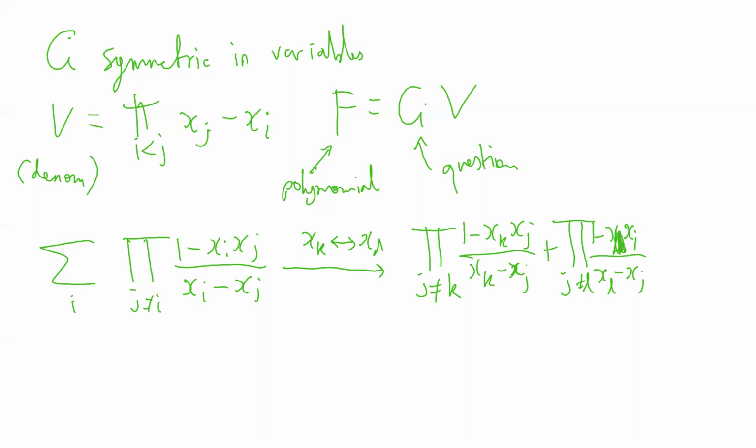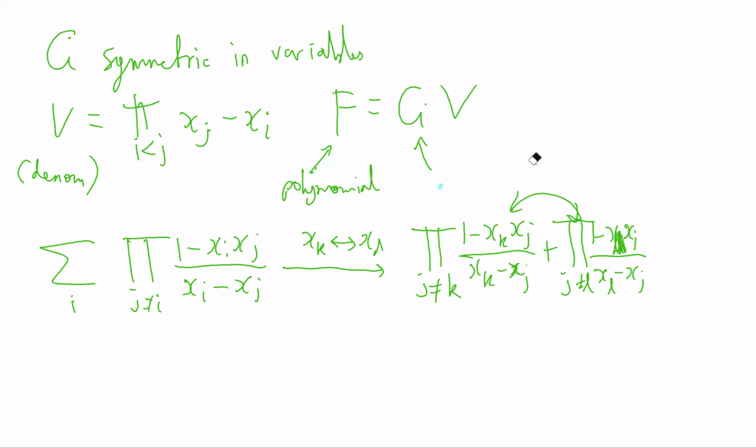Well, if you swap them, I guess you're just swapping these two terms, right? Not quite. Because you're getting something a little bit different, okay? It's not what it is.